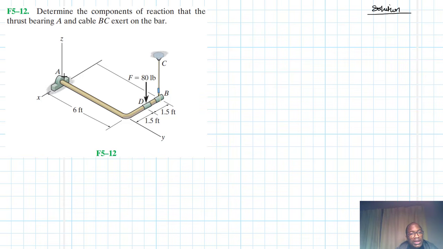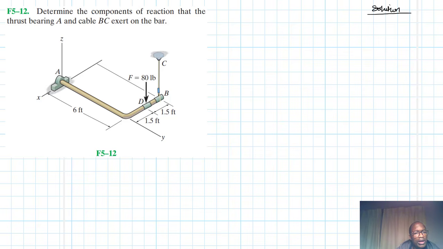So we are going to have the reaction moments at A in the z direction and x direction because we do not have supports along the length of our structure. We do not have additional supports other than the thrust bearing, right?